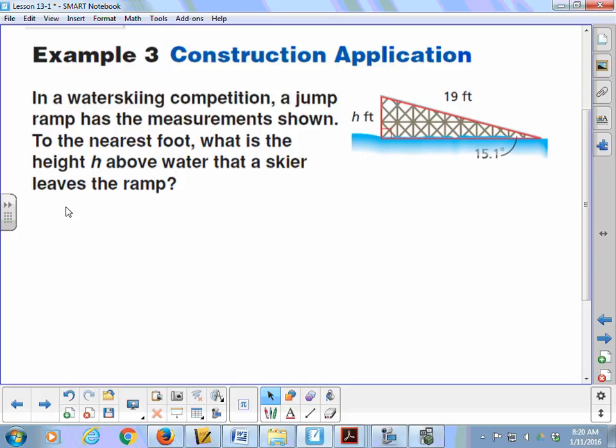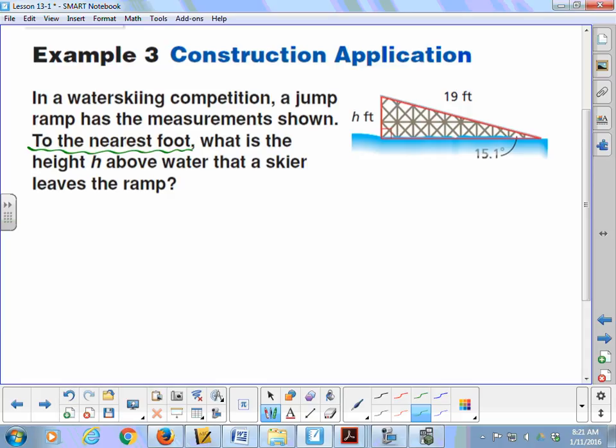So in a water skiing competition, a jump ramp has a measurement shown to the nearest foot. Make sure you pay attention to those kinds of things too. Here, where do I need to round to? It says round to the nearest foot. What is the height above water that a skier leaves the ramp?